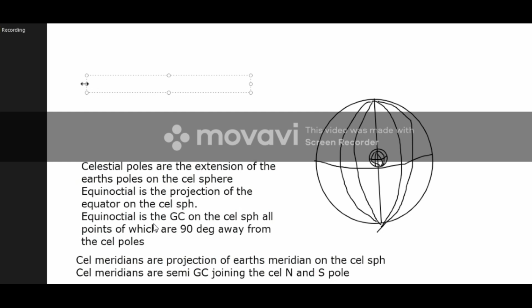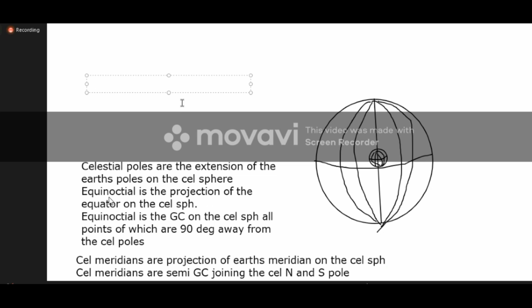Sir, why are you calling equinoctial at the geographic center? Not geographic center. Great circle. Sorry, this is the great circle. This is a meridian.